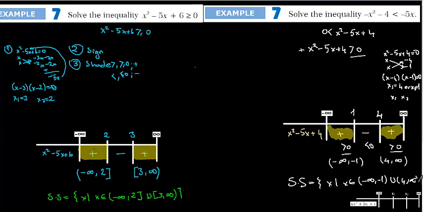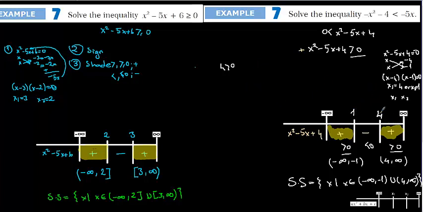By the way, for understanding, this side is positive. You can choose one value between 4 and infinity, like 5. When you replace the 5 here, 5 squared minus 5 times 5 plus 4, you are going to see that it's equal to 4, which is greater than 0. That's why this side is positive.